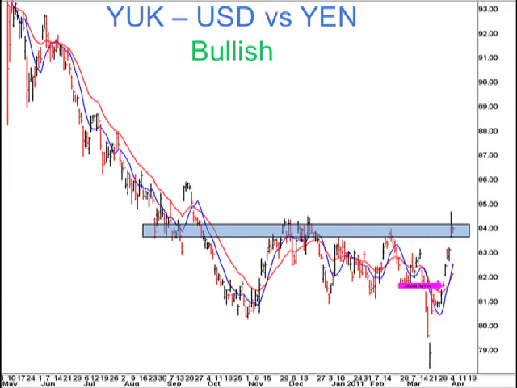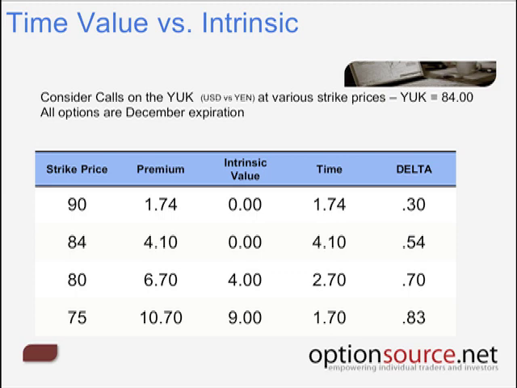So what happens is now we have to decide, well, what is the best way to participate in this particular opportunity on the YUK, recognizing that we want to create a scenario that meets with our own personal risk and trade objectives.